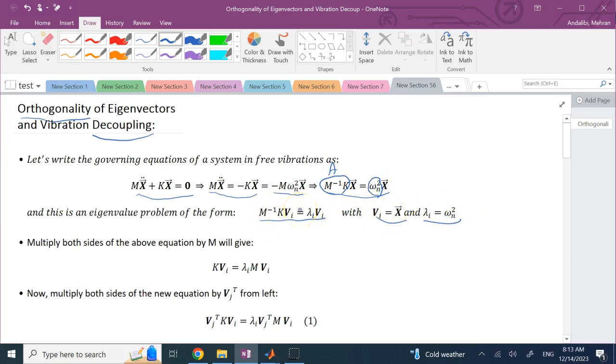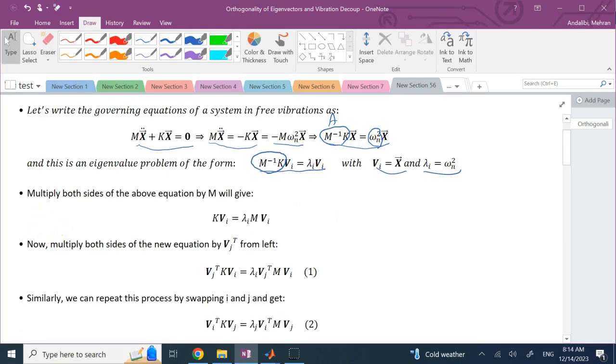So that's an eigenvalue problem. As we talked about, you can find the eigenvalues and eigenvectors lambda i and V i from this matrix M inverse times K. Good? Fine. Now let me show you some other interesting things.